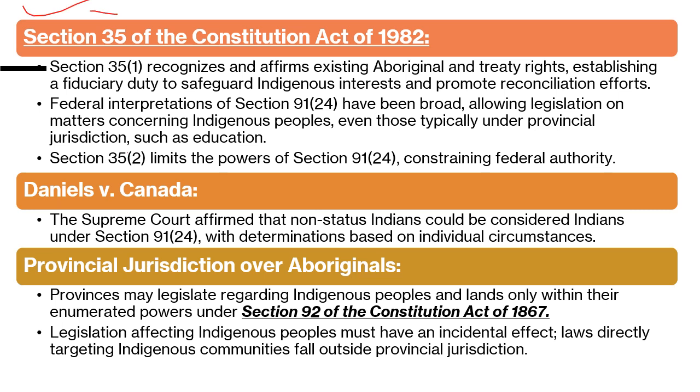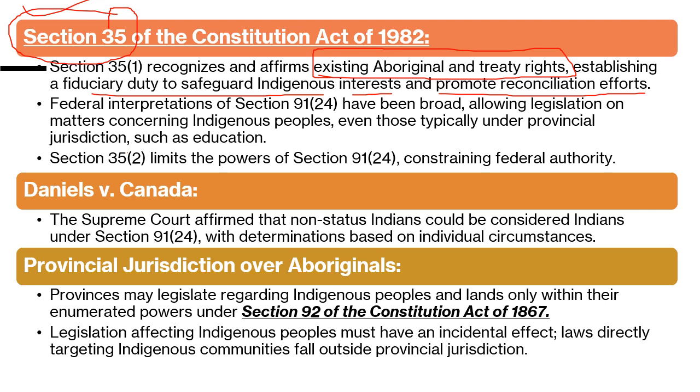Without this section, your answer is incomplete, or rather I would say it is of no use. Section 35(1) recognizes and affirms that aboriginal and treaty rights do exist and we have to respect and follow them. It carries a fiduciary duty to safeguard indigenous interests and promote reconciliation efforts.